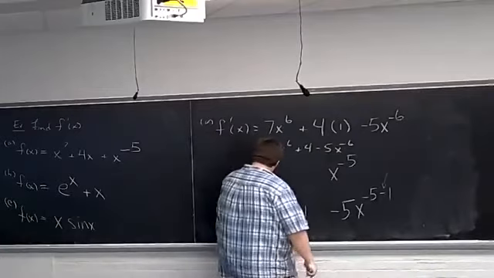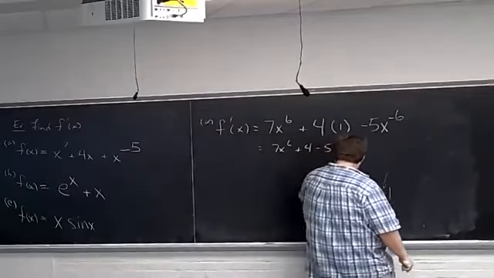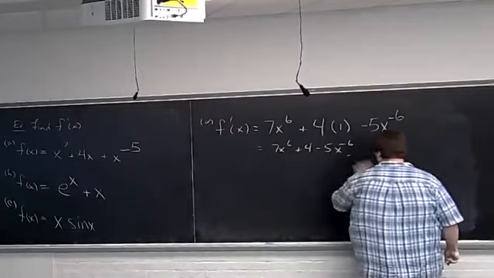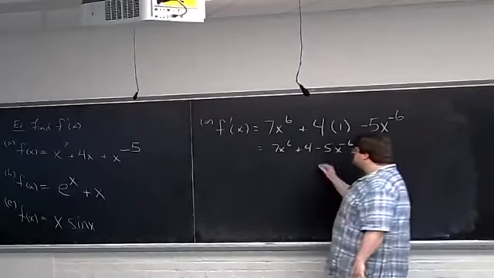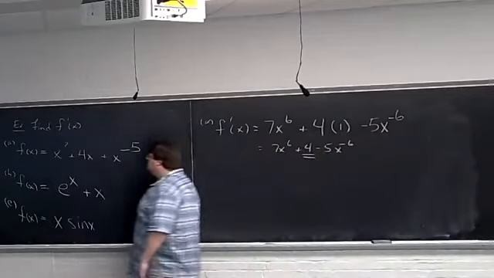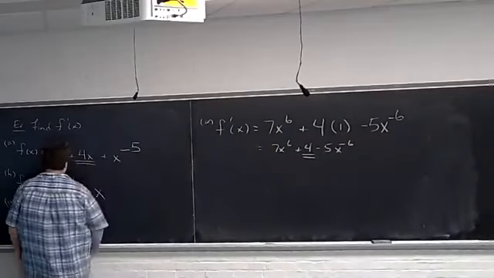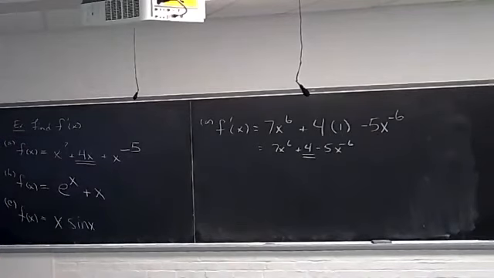And just not writing 4 times 1, we have just changing that to a 4. But do observe in this example, this is the first time we've seen this, the derivative of a constant times x is just that constant, and it follows from the power rule.